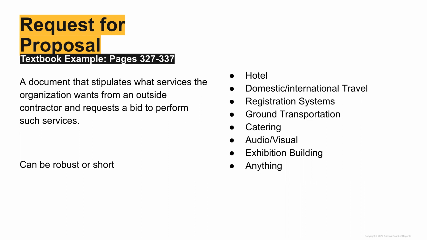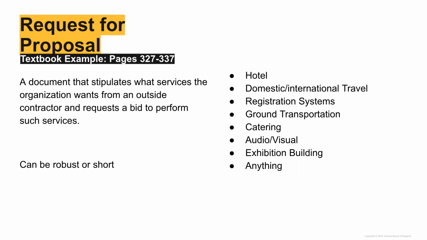For example, let's say you are a corporation that is sending 100 of your folks to San Diego for a meeting, and you may not want them to book that all themselves. You want to book the most efficient, so you may issue an RFP to a travel agency to coordinate those logistics for you. You'll also see it for the purchasing or the use of a registration system.